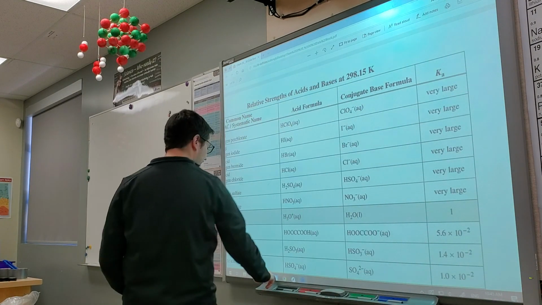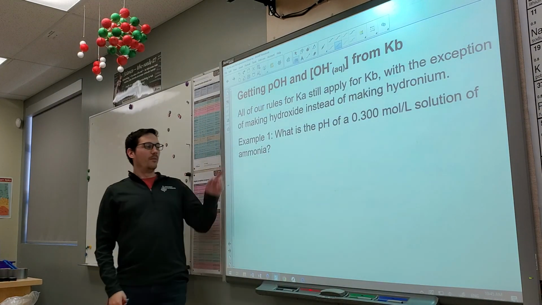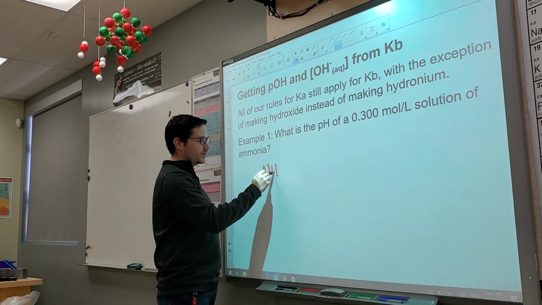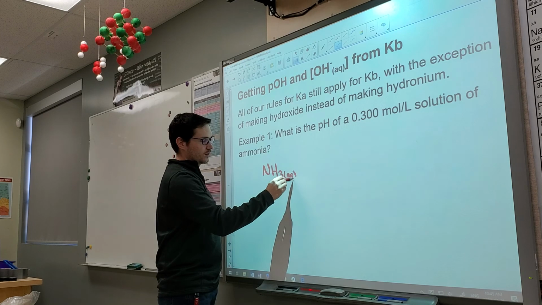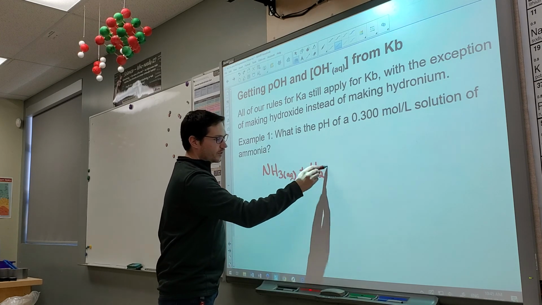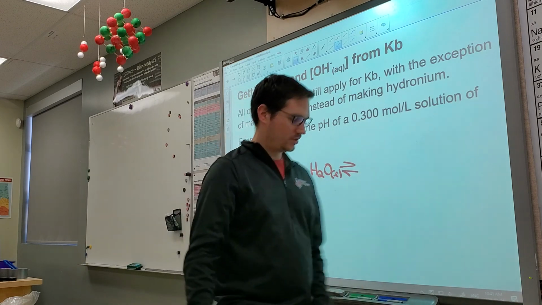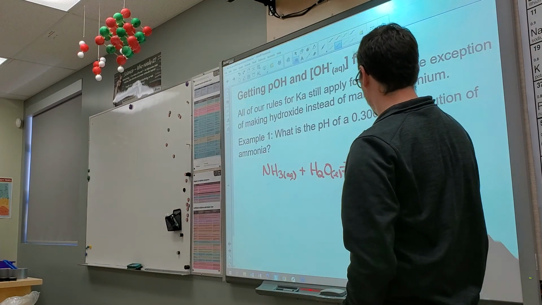So let's think about this for a second. Ammonia is a base. It will make hydroxide. Let's write that down. Ammonia will react with water to make hydroxide.